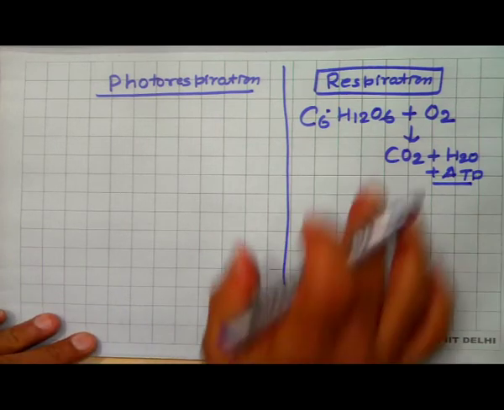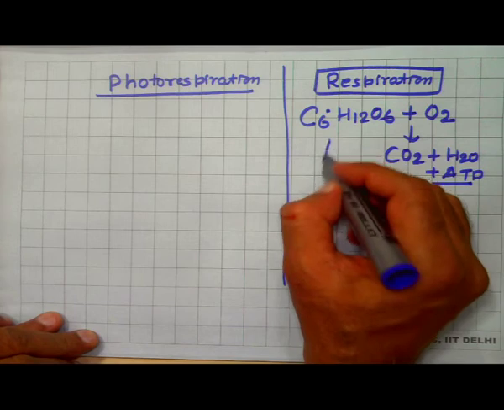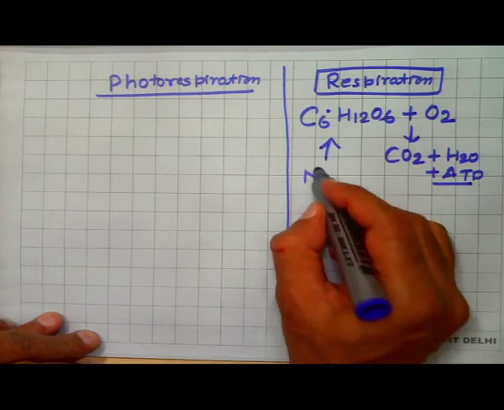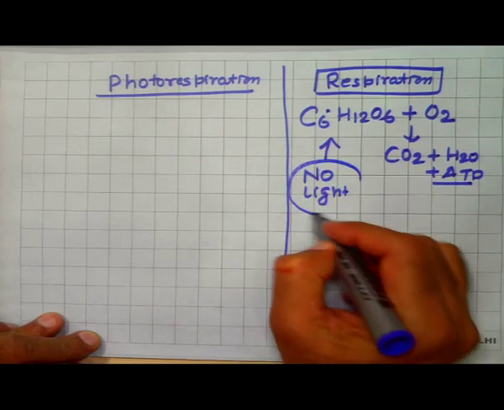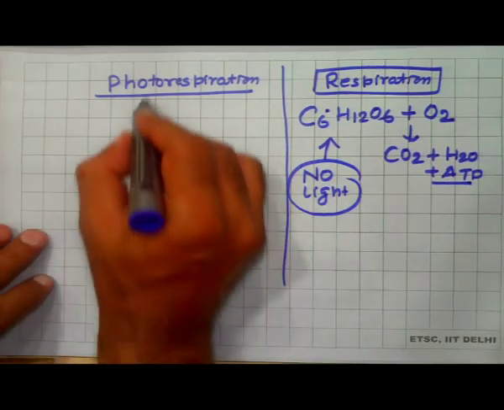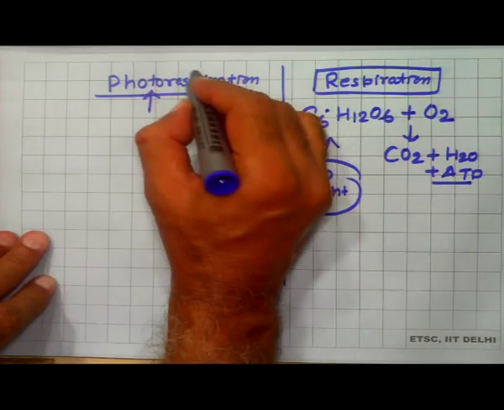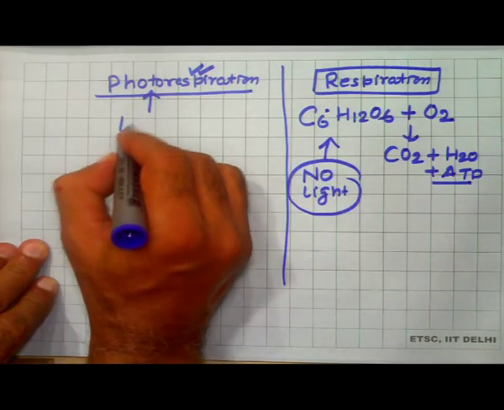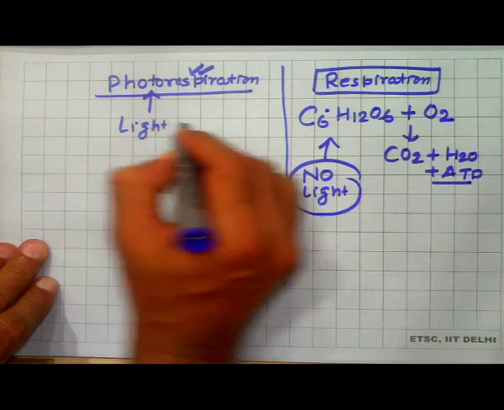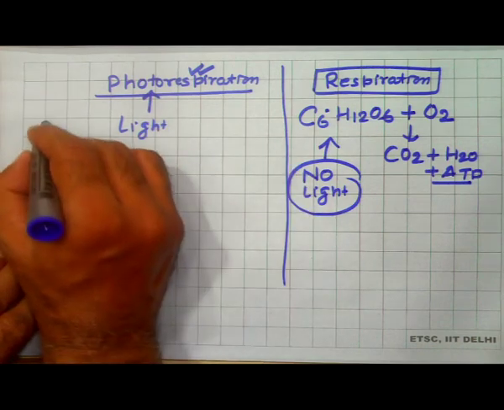But in respiration there is no requirement of light. Photorespiration, as the term indicates, is like respiration, but light is required. It occurs in presence of light.